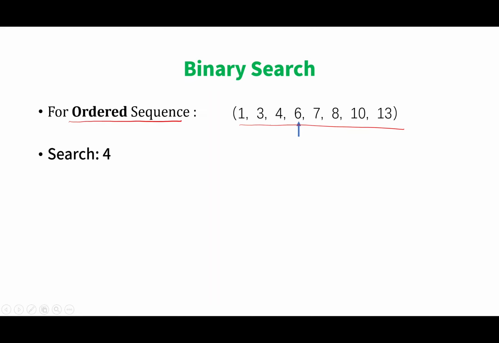If I want to search in this ordered sequence, we can compare the search element with the middle element of the sequence. 4 is smaller than middle element 6, so we will search in the left half. If the search element is larger than the middle, then we will search on the right half. So the next search we are in the half of the orange sequence.